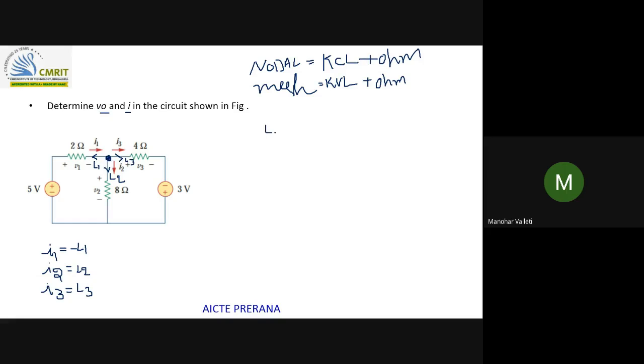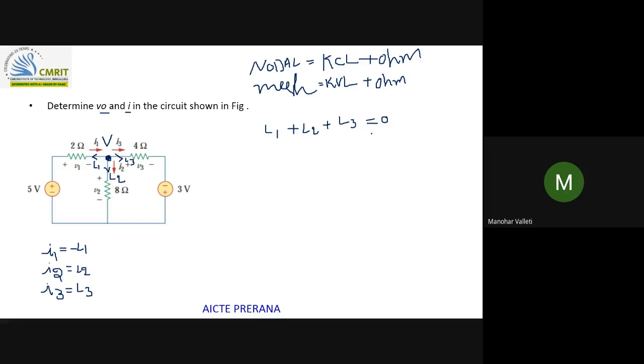So based on nodal analysis, when I am writing the nodal equation, I will assume all the currents are leaving from that node. That's why I'm assuming it as L1 plus L2 plus L3. And this node will have some potential V. All the leaving currents equal to 0, L1 plus L2 plus L3.